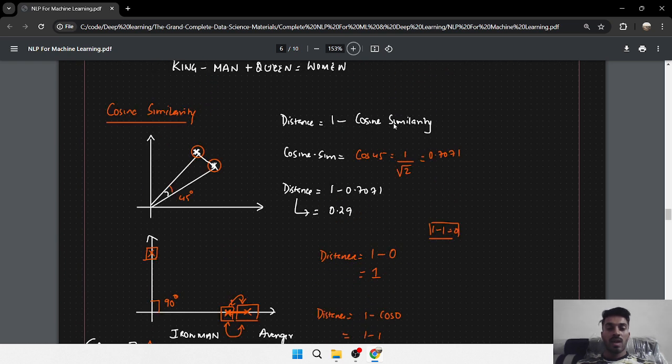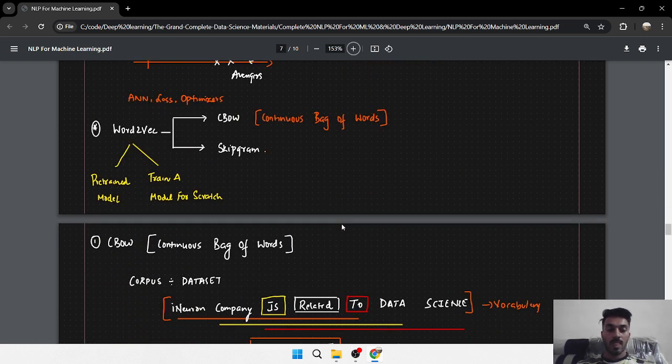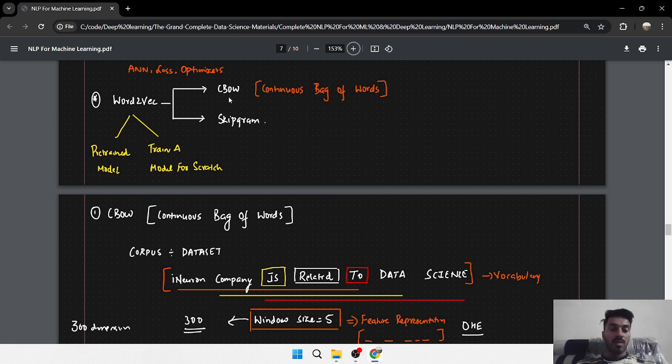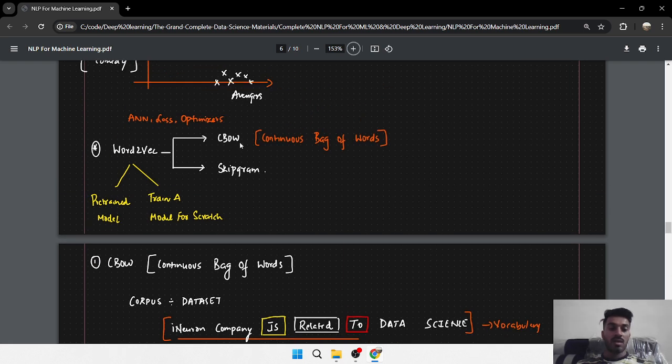And this is the formula you can use to find out how similar they are. The formula is distance equals 1 minus cosine similarity. And cosine similarity we already know: cos of theta, where theta is the angle between these two vectors. We have already discussed continuous bag of words and skip-gram in deep learning.